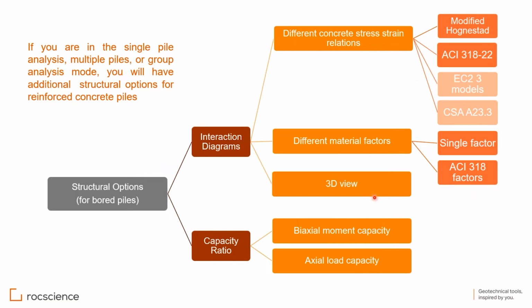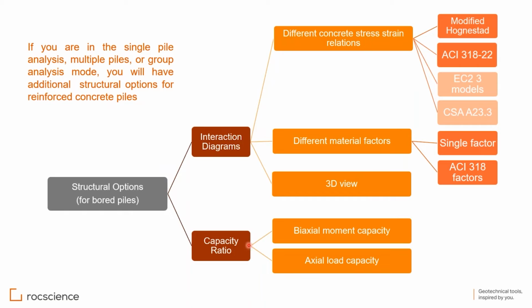It's already factored. In the 3D view, you can use a 3D surface and look at it from all aspects to see how your interaction diagram is rotating around the force axis. And this 3D surface is used to get the capacity ratio. The capacity ratio in our software is the demand divided by the capacity.